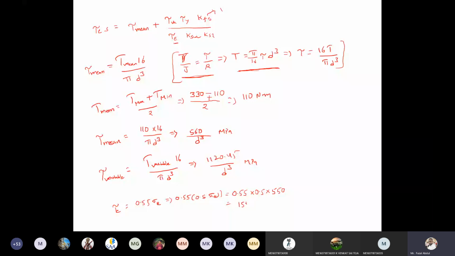151.25. Okay. And what is next? What are the parameters we required? One parameter is there: yield strength in shear. See the symbol? Yield strength in shear. This one we need here again. To calculate yield strength in shear, the relation is yield strength in shear is 0.5 into the yield strength due to direct tensile.